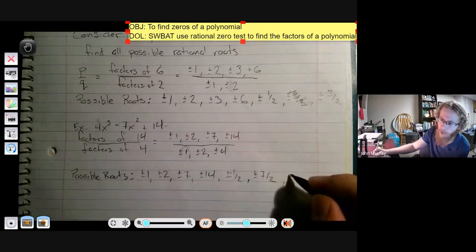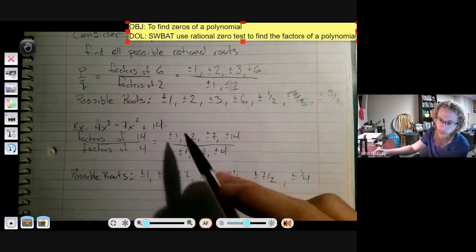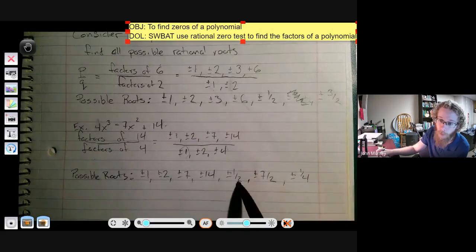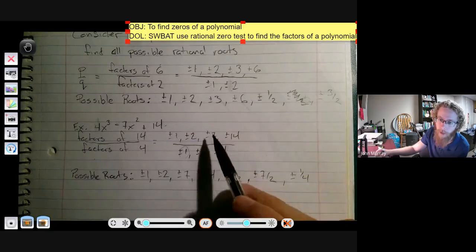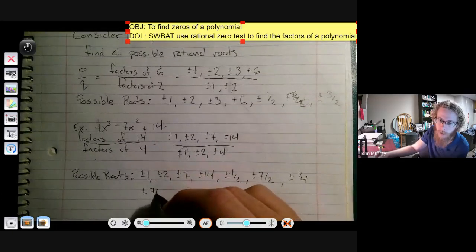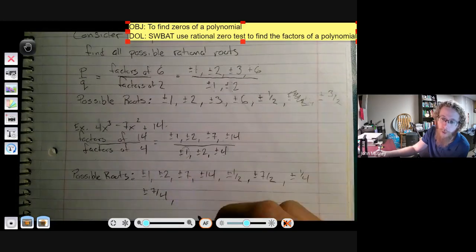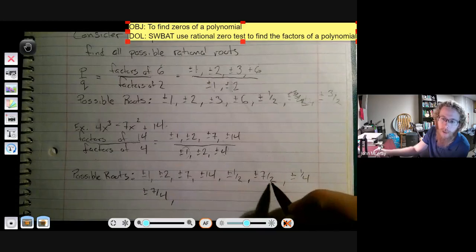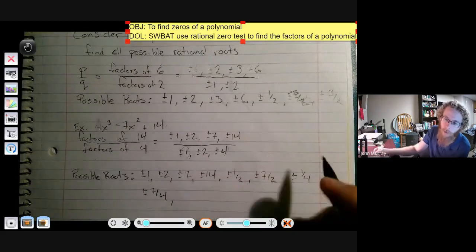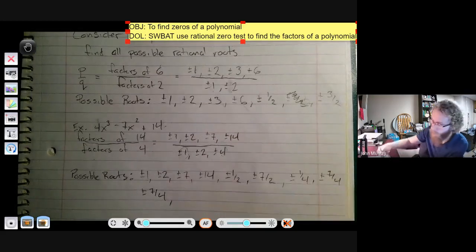And now we move on to 4. I have 1/4. 2 over 4, well, that gets me 1/2. We have that. 7 over 4, that's a new one. And then 14 over 4, if I reduce that, gets me 7/2, so we don't have to write that. So our last one, I'll put it over here, 7/4.